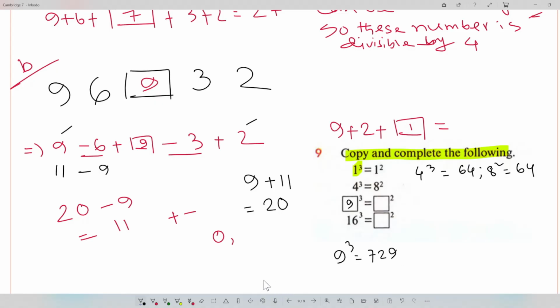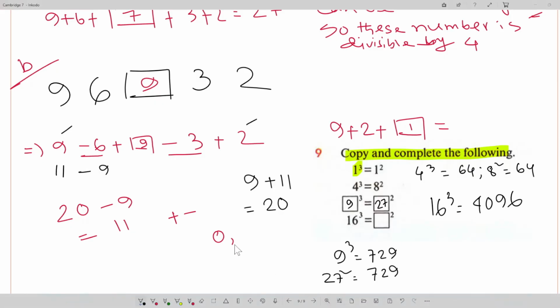Then here we can write 27. It means 27 square is also 729. Okay, very simple. Now here is 16 cube. Look, 16 cube, it means what? It means 4096. 16 cube equals 4096.